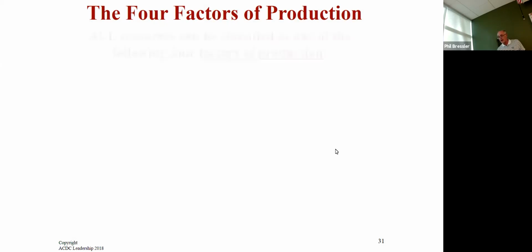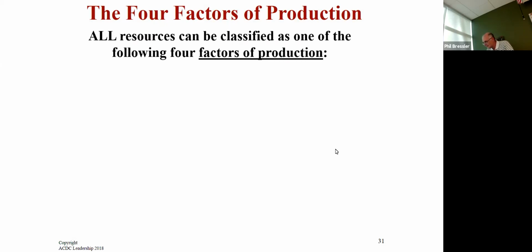So here are the 4 factors of production. Let's see. Mr. Myers, do you know one of them? I definitely did at one point. If I saw one of them, I'd be able to tell you the rest. All right, so I'm going to get someone else to give us the first and then get back to you.